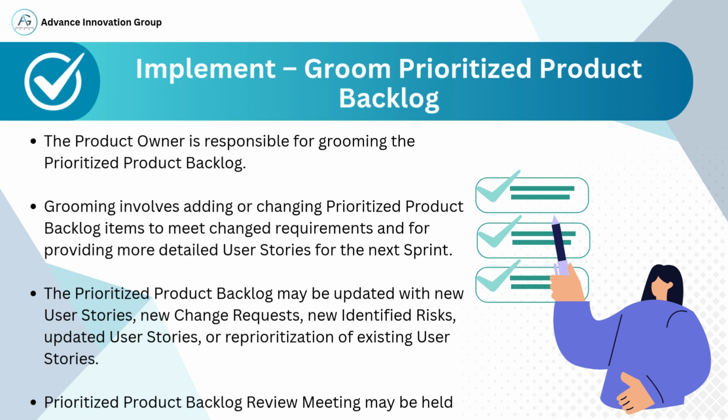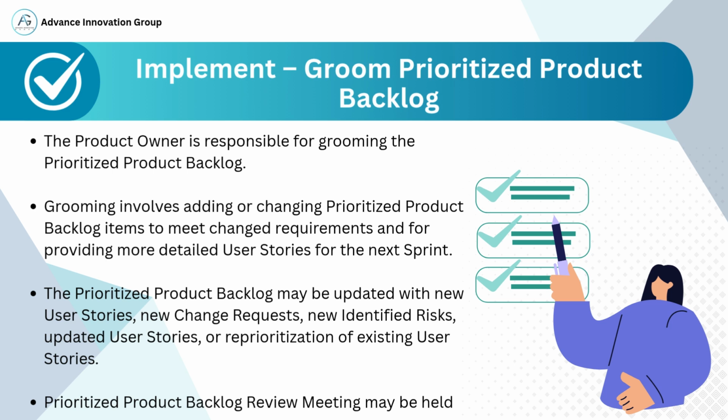Examples of what may be added or updated in the backlog include new user stories based on evolving customer needs, change requests that have been approved, newly identified risks that impact feature priority or feasibility, updated user stories after refinement, reprioritization based on stakeholder direction or risk analysis.